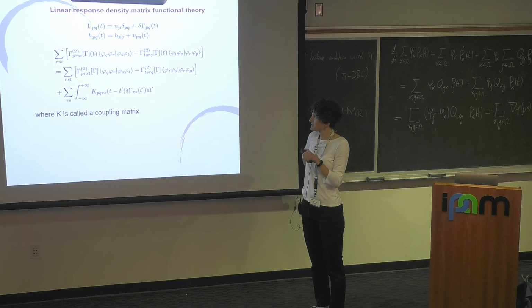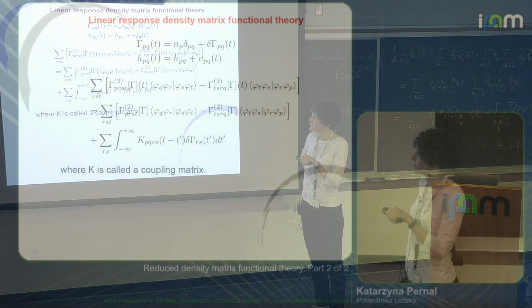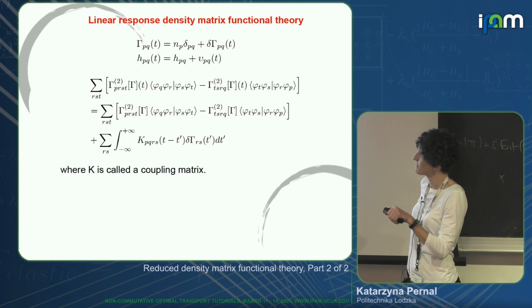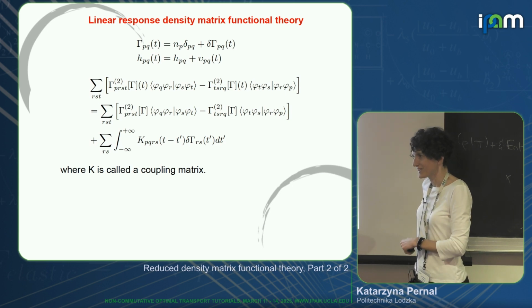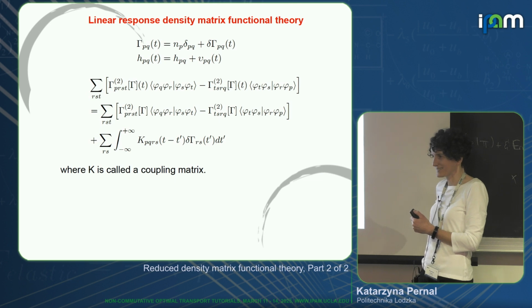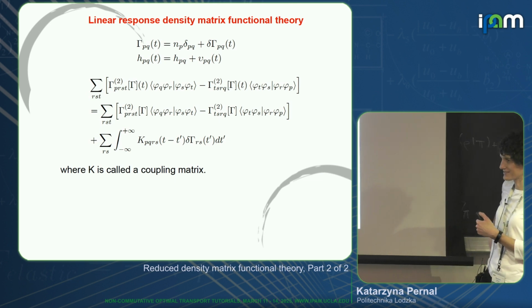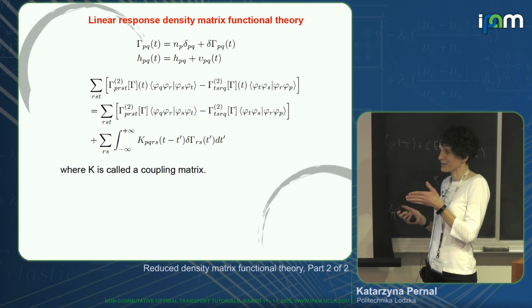It's more subtle. To find the value of gamma 2 at time t, we need to know the full gamma at each time. That's what this theorem tells us. It's not local in time, this functional dependence.